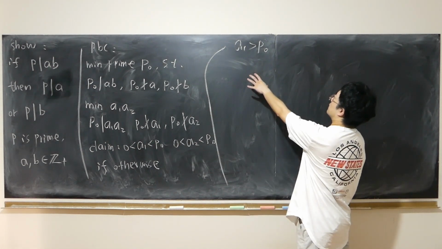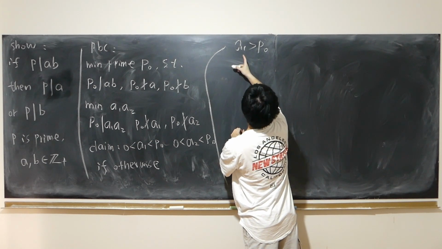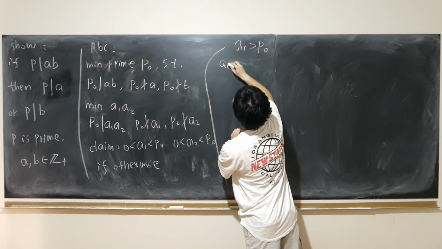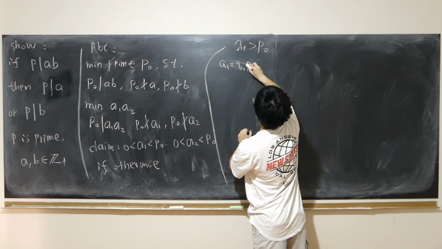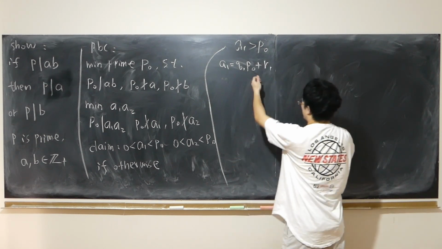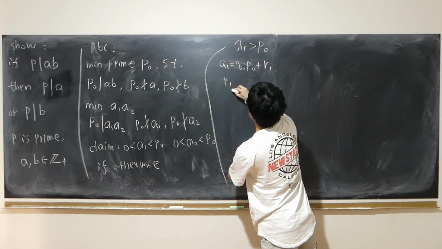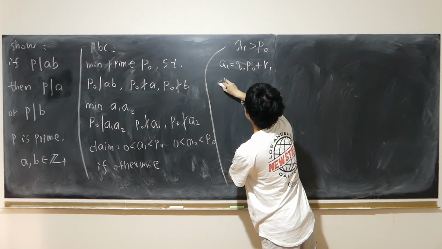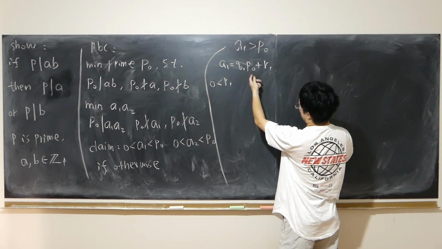If that's the case, we can do some division. We can say A1 divided by P naught gives some quotient Q1 times the divisor P naught, plus remainder R1, where of course the remainder has to be bigger than 0, cannot equal 0, otherwise P naught divides A1.